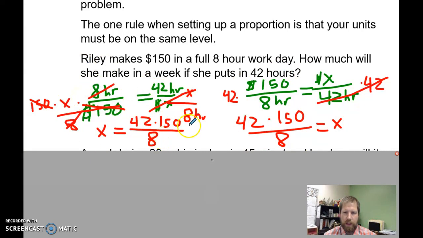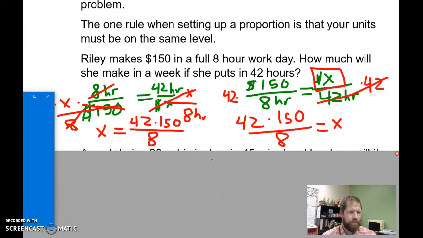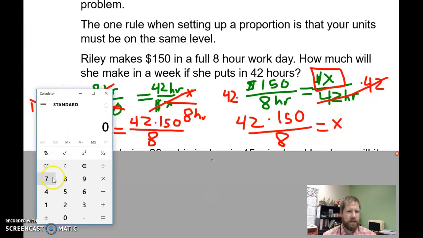All right, so when you are setting up your proportion, if you can, set it up so that your variable is in the numerator position. Now we can grab our calculator and solve this. 42 times 150, and then divided by 8.